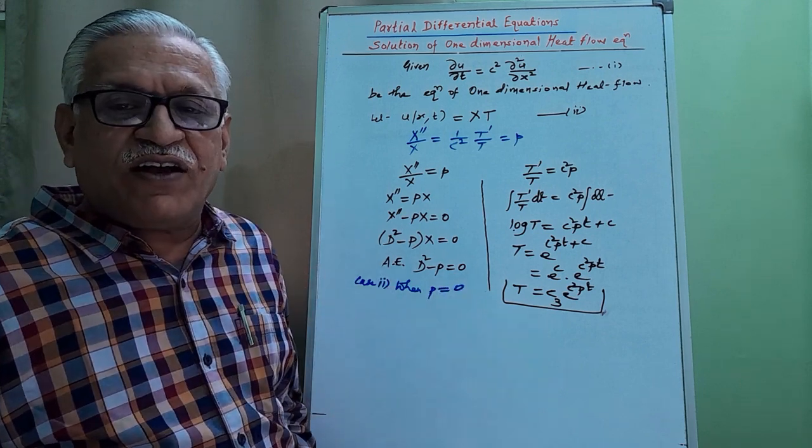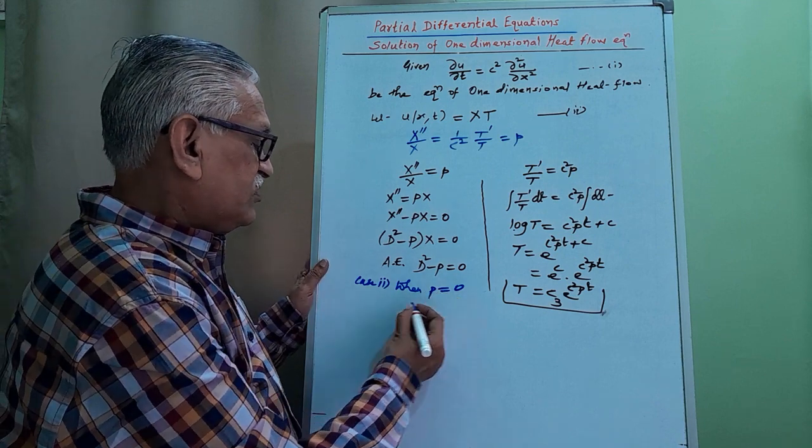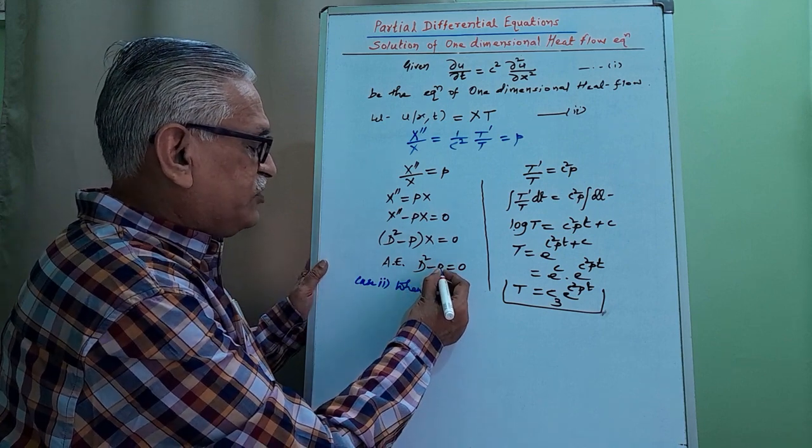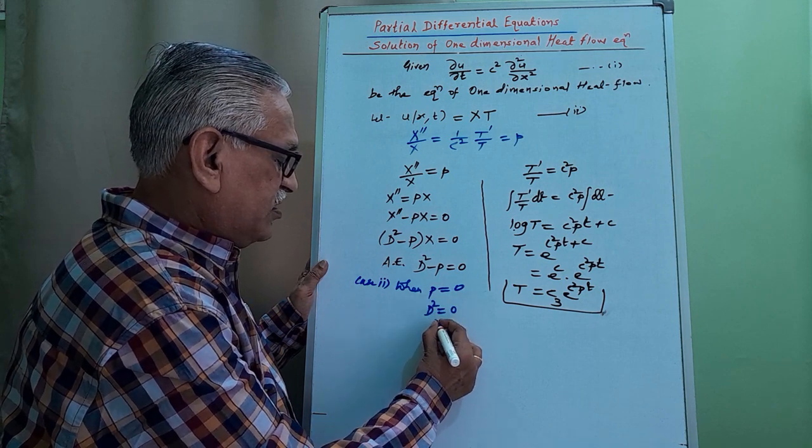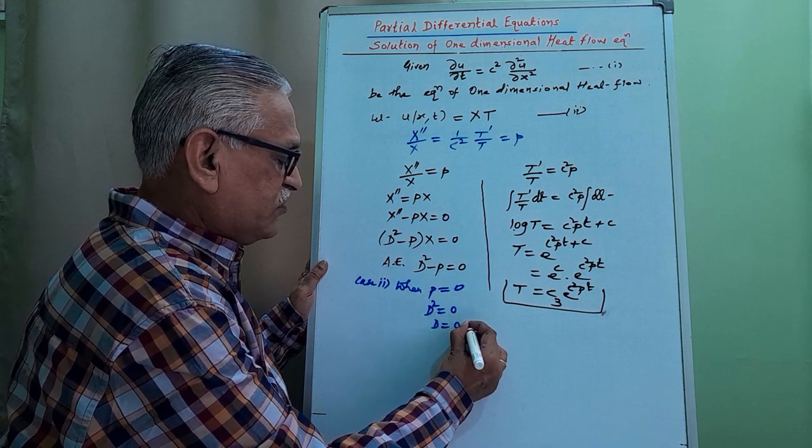Second case, when that value of p is 0, suppose, then if we put p as 0 here, we get D square is equals to 0. Roots are 0 and 0.